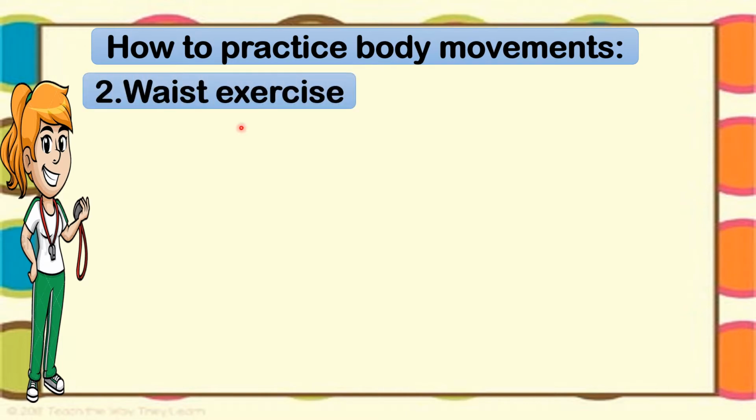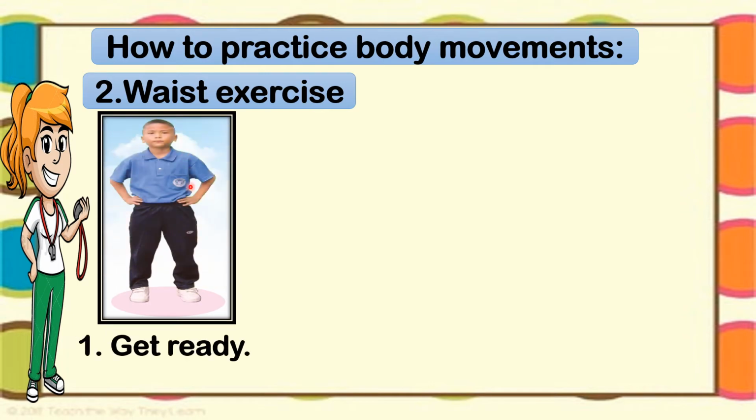Now, aside from neck exercise, you can also practice doing waist exercise. From the word waist, these are your waist, or this is your waist. Now, what is the first thing that you should do? Number 1 is, of course, you need to get ready.